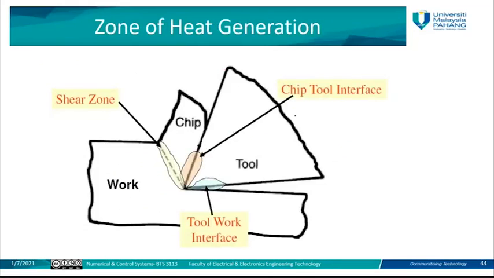As you can see here, this is the shape tool interface. This is the tool, here we have the workpiece, and you have the chip inside here. Due to the friction, when the tool touches the workpiece, it generates an area where the temperature increases because of the direct friction between the tool and the workpiece.